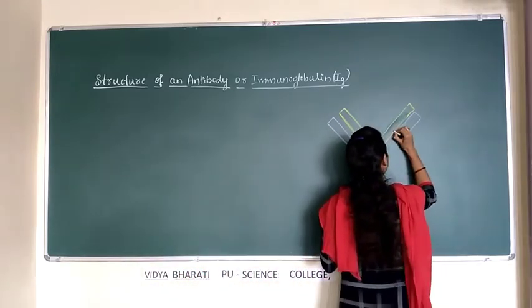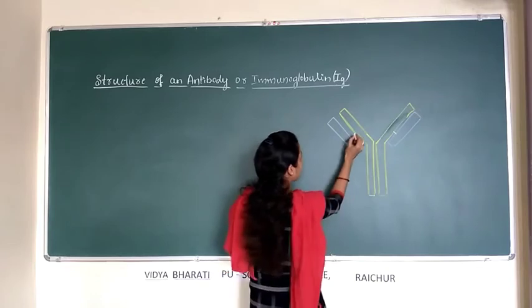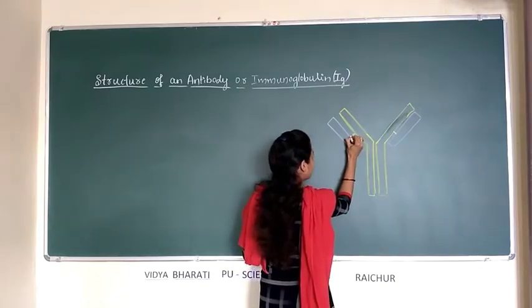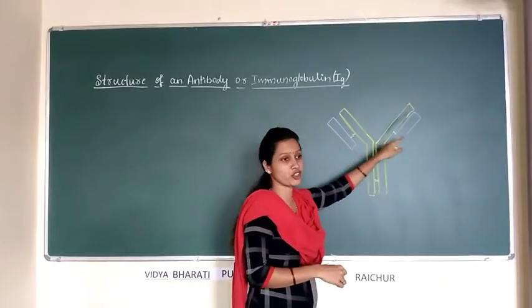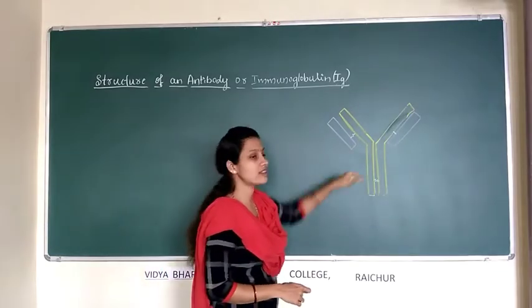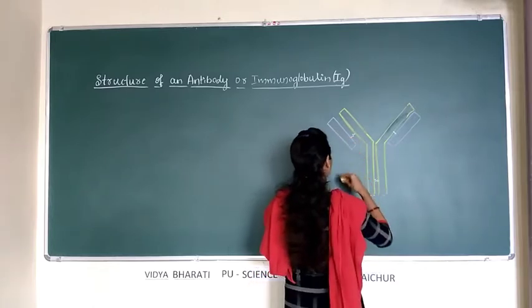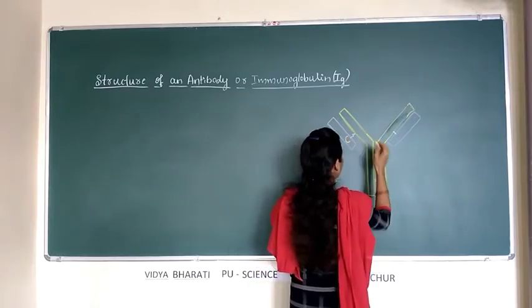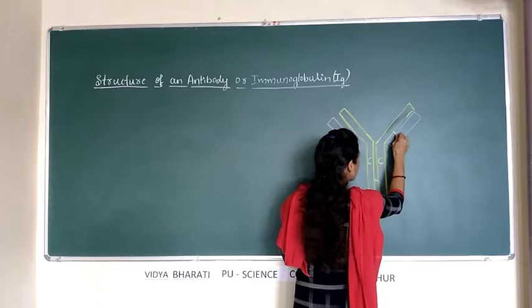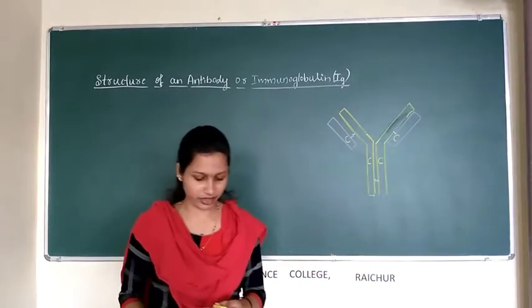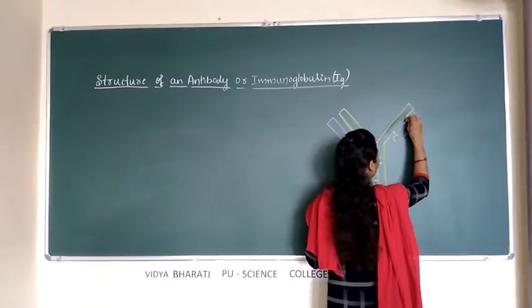These four polypeptide chains are held together by disulfide bridges. And each polypeptide chain contains a constant region and a variable region.